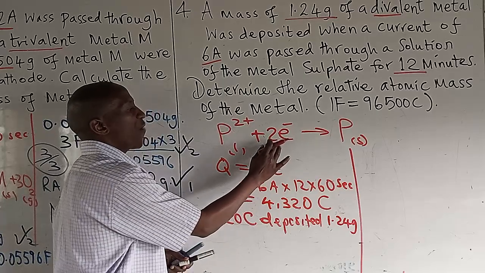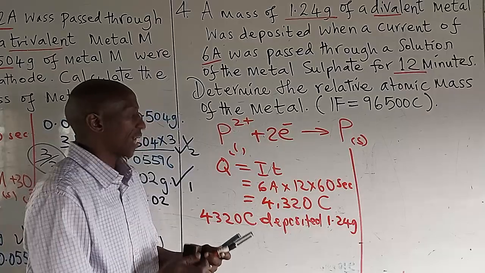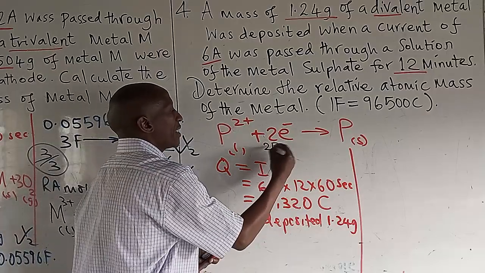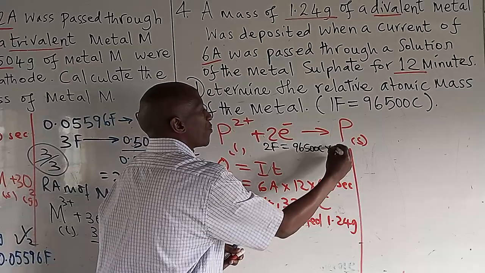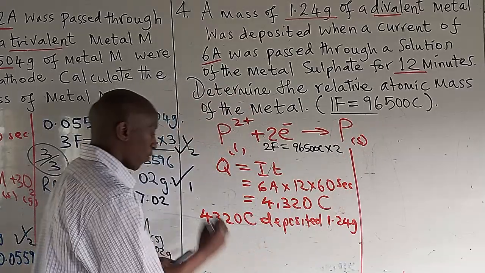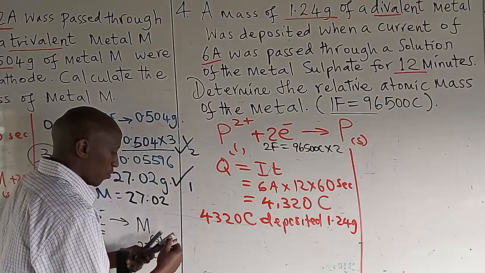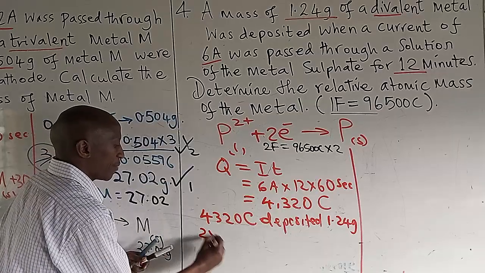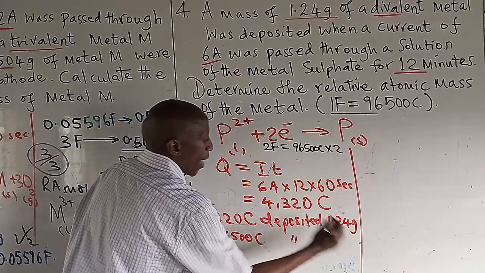What about 2 Faradays? So at this point, we can come in and say 2 Faradays is equivalent to 96,500 coulombs times 2. This is what we are provided here. So how much would that deposit? So 2 times 96,500 coulombs would deposit how much?